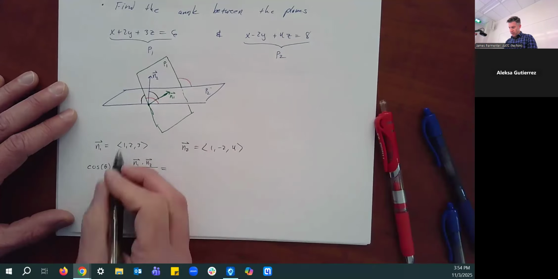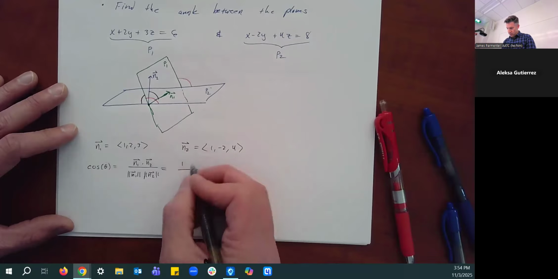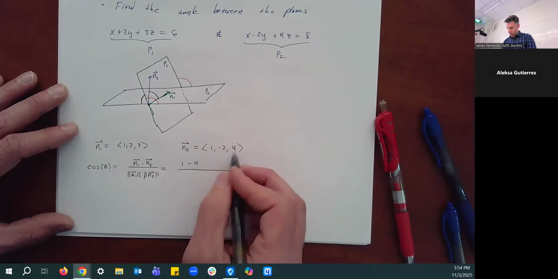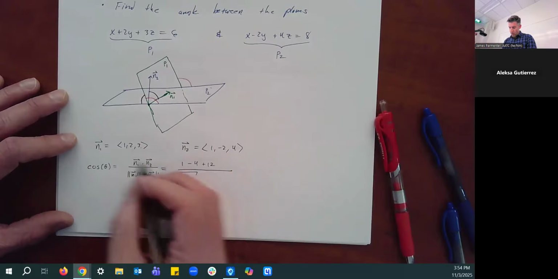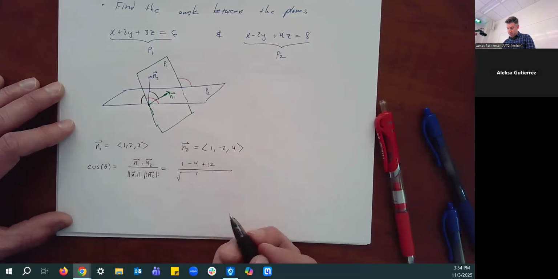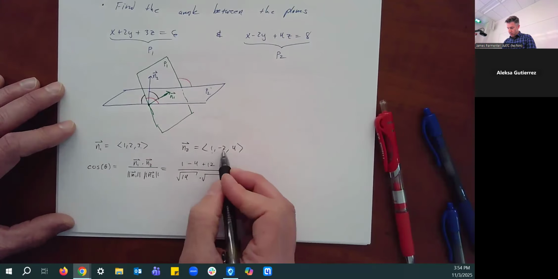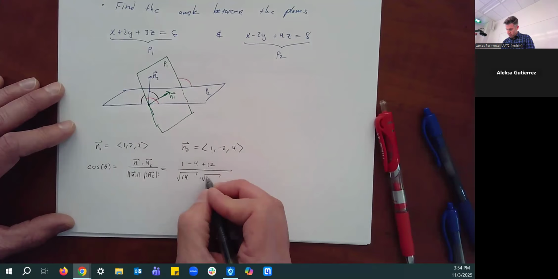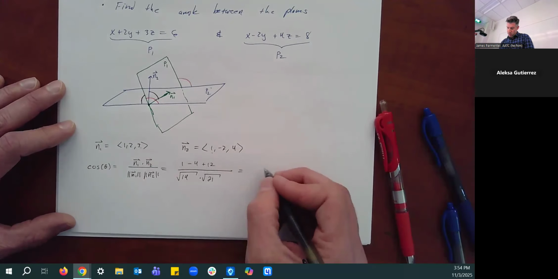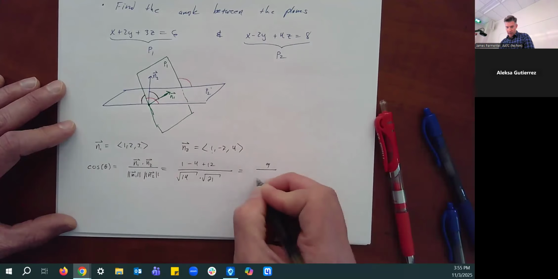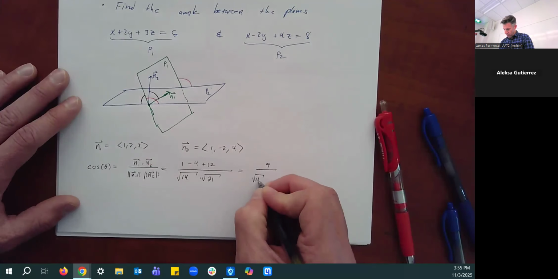So the dot product of n1 and n2 is 1 times 1 plus 2 times negative 2 plus 3 times 4, divided by the magnitude of n1, which is the square root of 1 plus 4 plus 9, and the magnitude of n2, which is the square root of 1 plus 4 plus 16. So cosine of the angle is equal to 9 divided by the square root of 14 times the square root of 21.